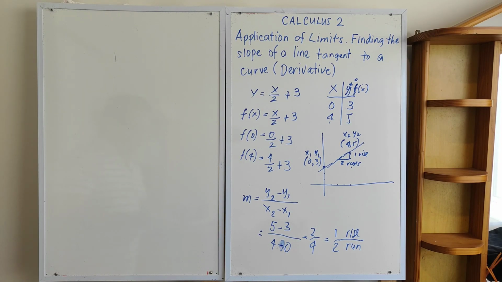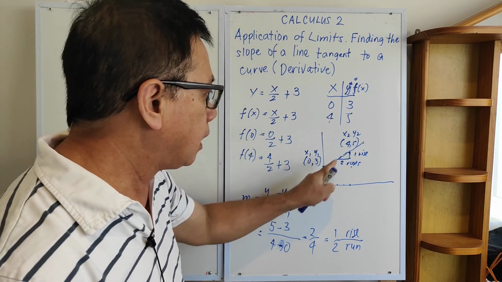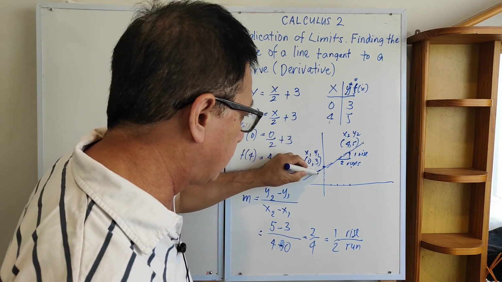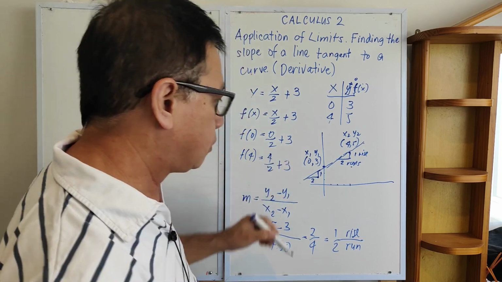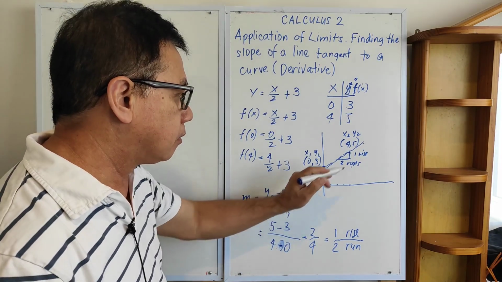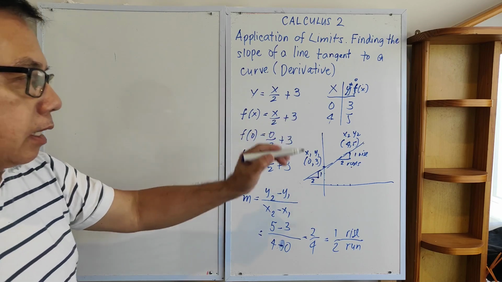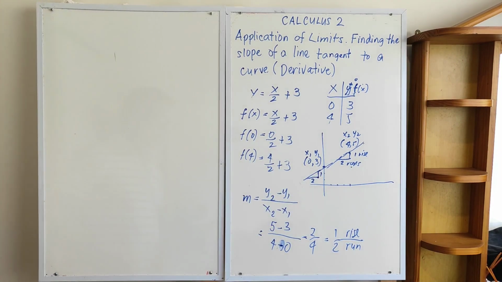Now this is good, regardless of where you put your points. So for example, in here, the slope would still be 1/2. So the whole line, the slope is the same because it's a straight line. The slope is always 1/2, 1 rise and 2 runs.